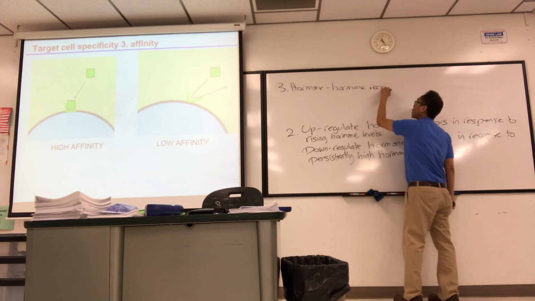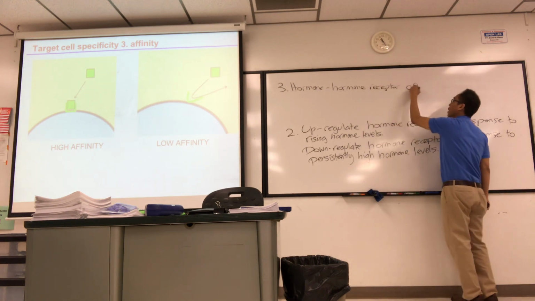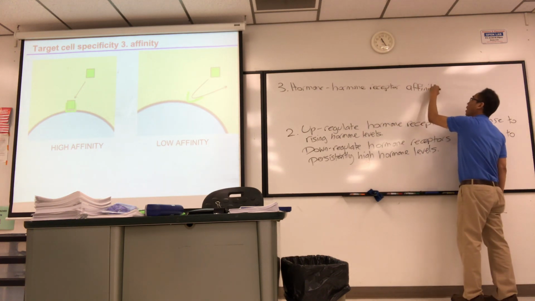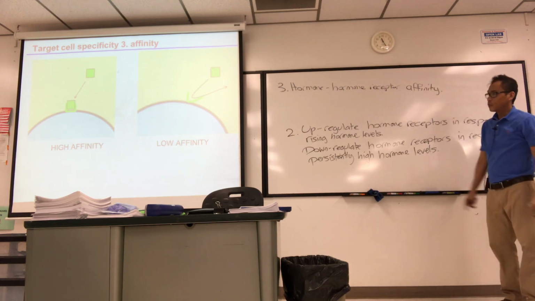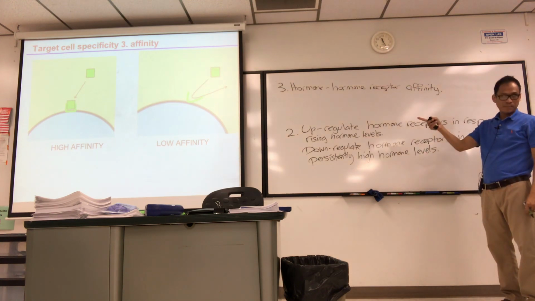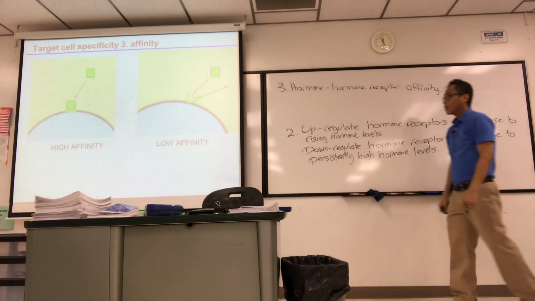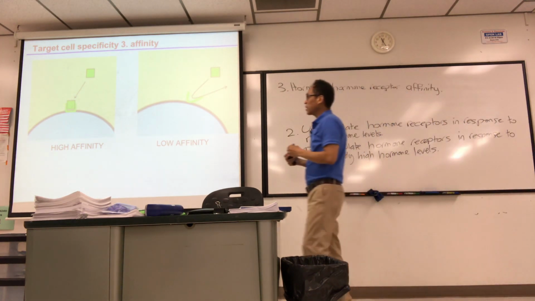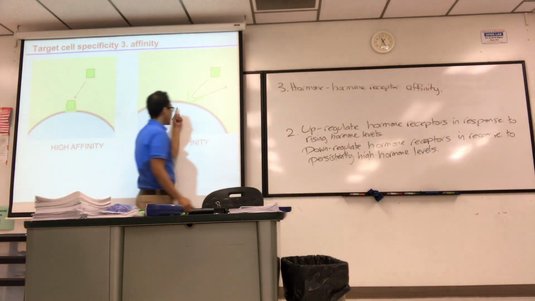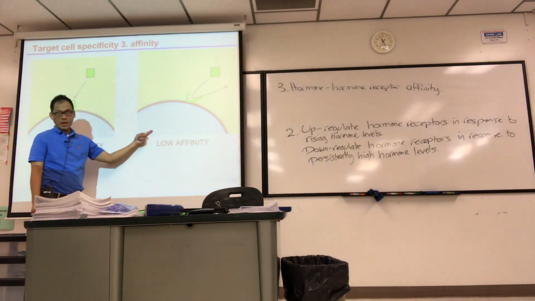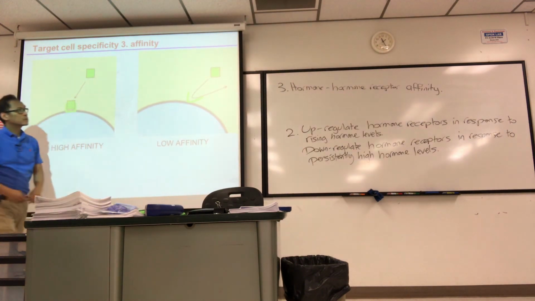Hormone receptor affinity: you basically want high affinity. Then you'll get a response. In the other situation, you're not going to elicit a response.